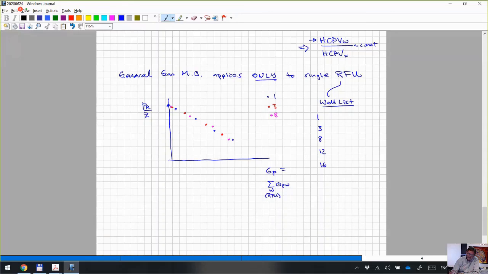But if we have several reservoir flow units, then it's not that easy. If you have more than one reservoir flow unit and the different wells are connected to the different flow units, in other words, if a single well is connected to 2 reservoir flow units, you have a problem because you don't know how much this month's production is coming from reservoir flow unit 1 and reservoir flow unit 2. But still we can use a PLT for separating production.